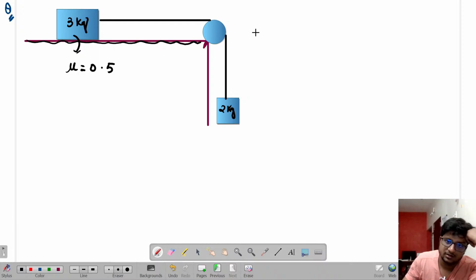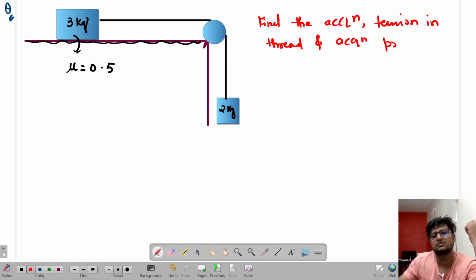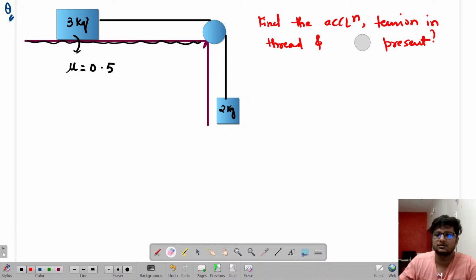And same thing, find the acceleration, tension in thread, and friction present.